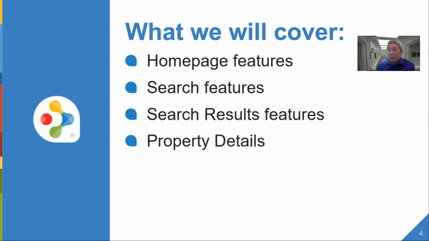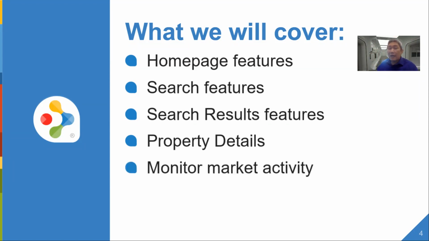We're going to open up a property and look at all the combined information in one place. We're going to get the property details, and we're also going to monitor market activity. And the last part is the resources. If you need help or have trouble using the system, where you can get help from, like additional training, I'll cover all of that at the end.